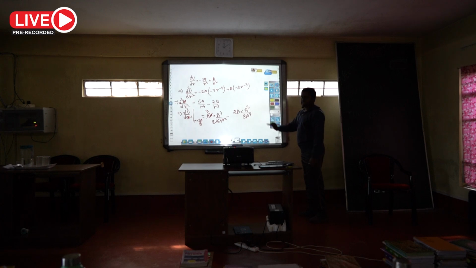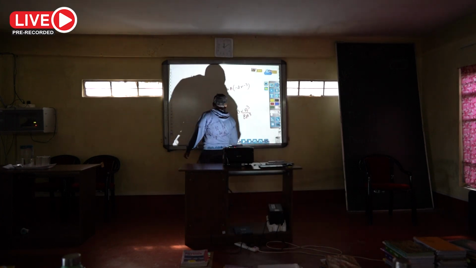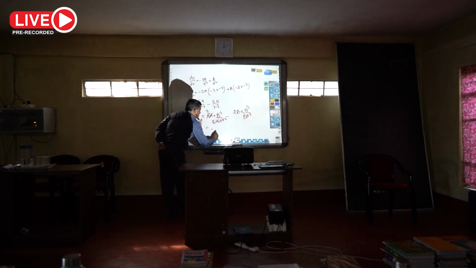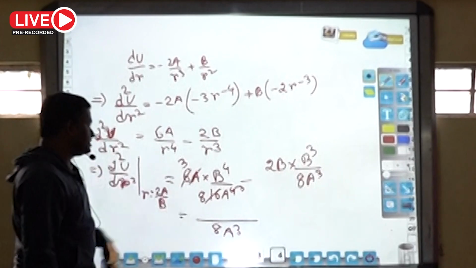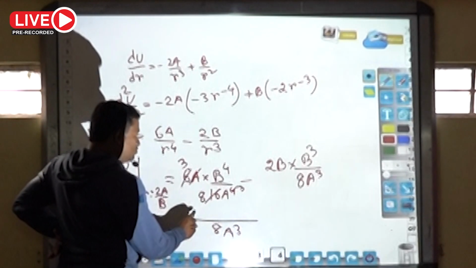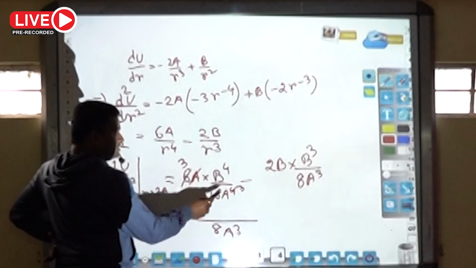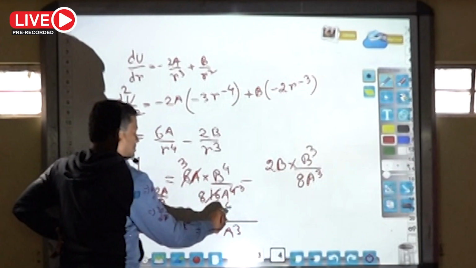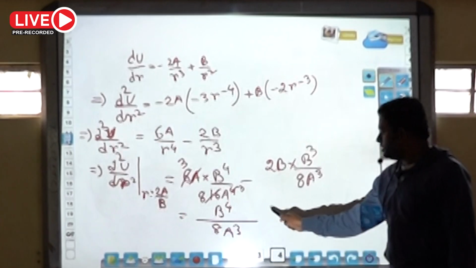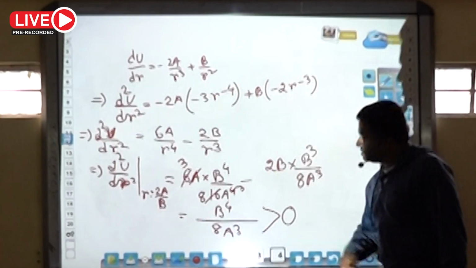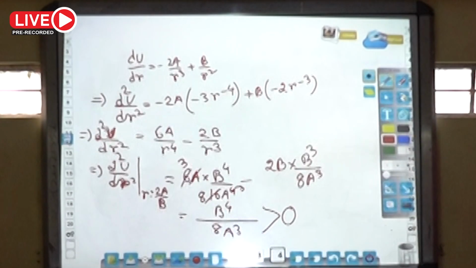This cancellation I will not do here. Take 8a cube in the denominator, it will be 3b4 minus 2b4, so that is b4. a and b are mentioned as positive constants, so this value will be greater than 0. Greater than 0 means minimum, so that is stable equilibrium.